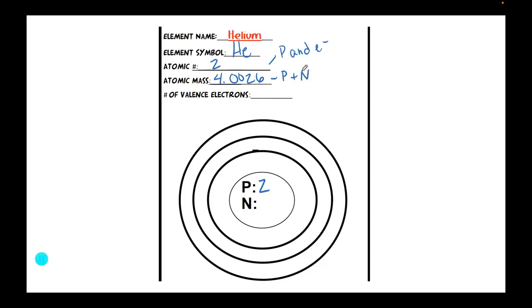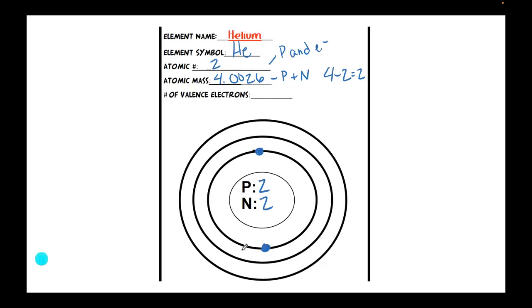So if I'm trying to find neutrons, if I take this minus this, so 4 minus 2, that gives me 2. So I have 2 neutrons. The mass of my nucleus is 4. We just round this to a whole number. Then we're going to do our shells. So we have 2 protons, we have 2 electrons. So I'm going to do 1 up here, and I'm going to do 2 down here, and this one's full.